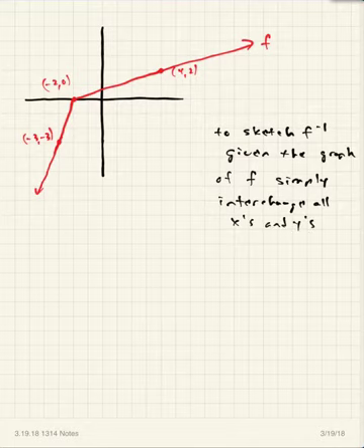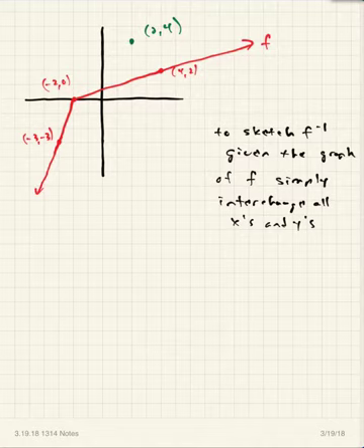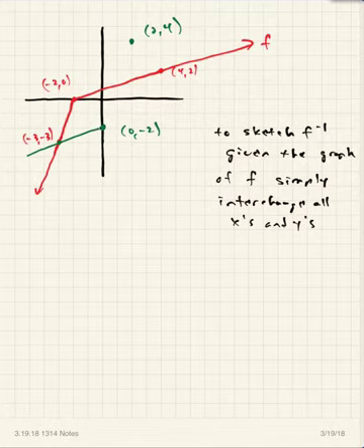So in other words, instead of the point 4, 2 on our inverse graph, we have the point 2, 4 right here. And instead of the point -2, 0, we have 0, -2 right here. And notice -3, -3, when you interchange there, you get the same point. And so this graph looks like this.